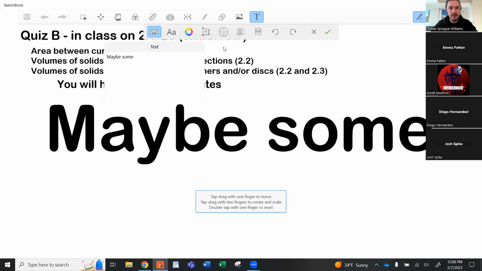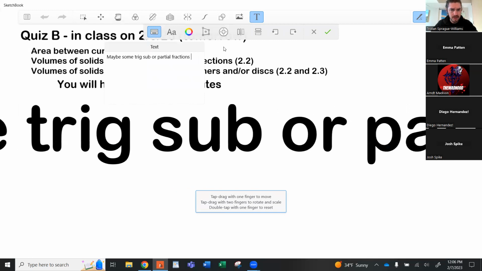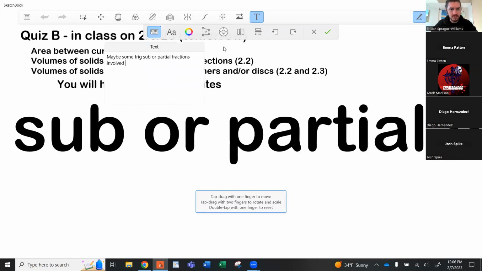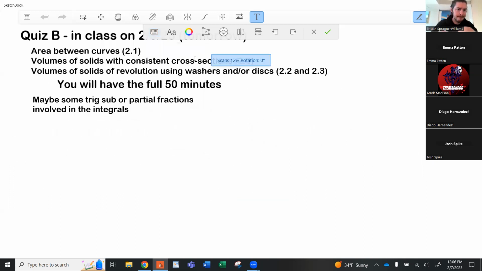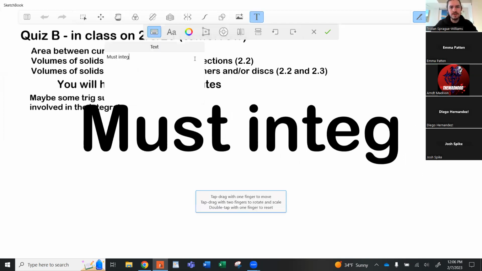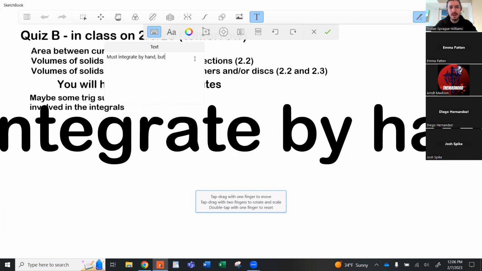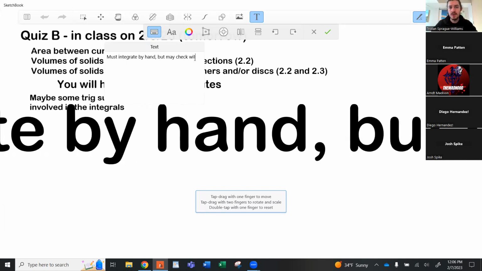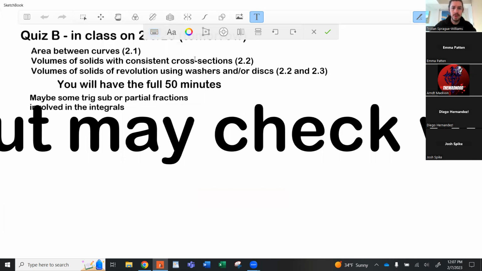Maybe some trig sub or partial fractions involved in the integrals. Must integrate by hand: must solve integrals by hand, but may check with Desmos or calculator.